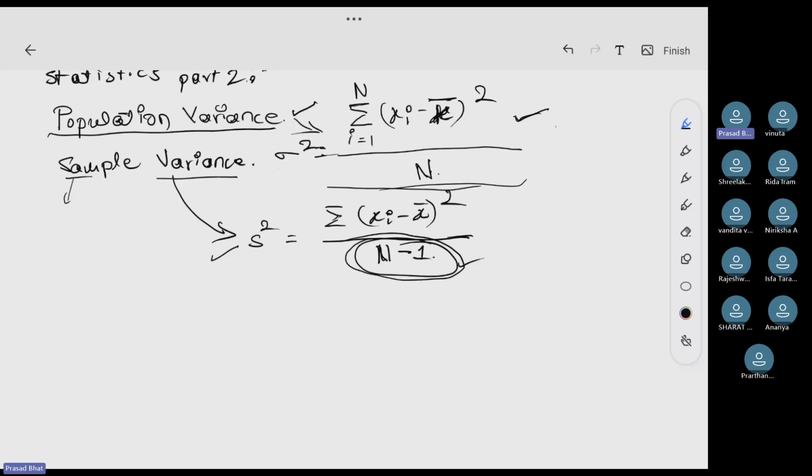That means everything is as per the reality that is there. That is why we simply average it out using n. No issues there. But when we are taking samples out of the entire population, then it is very likely that we have left out some variations that may exist in the actual population.